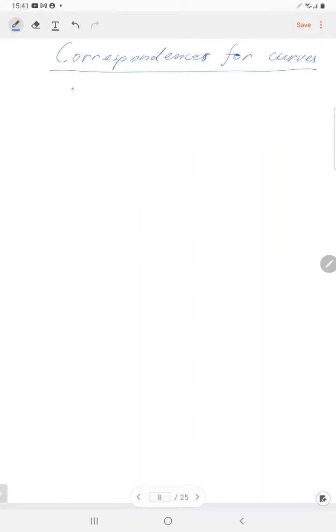Already next week, we will prove the famous Weil conjectures on the number of solutions of, well, in general, Weil conjectures give very sharp estimates for the number of solutions of polynomial equations over finite fields.